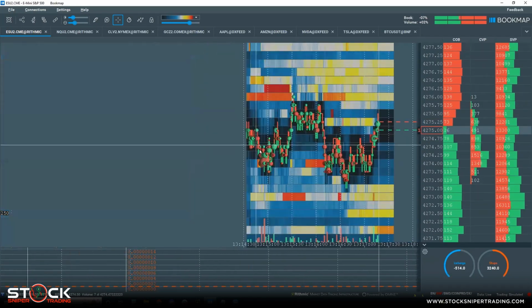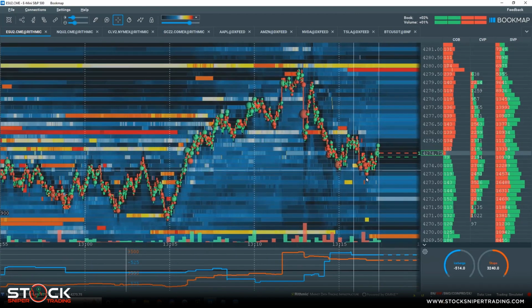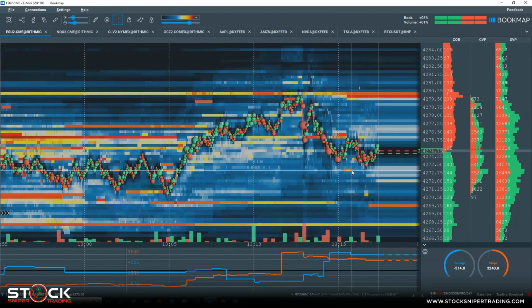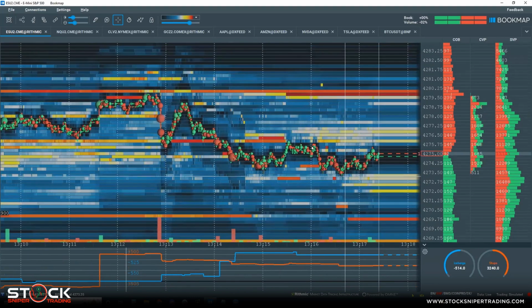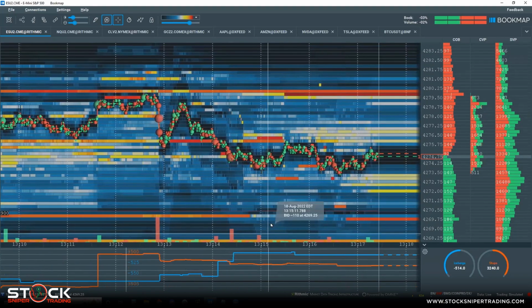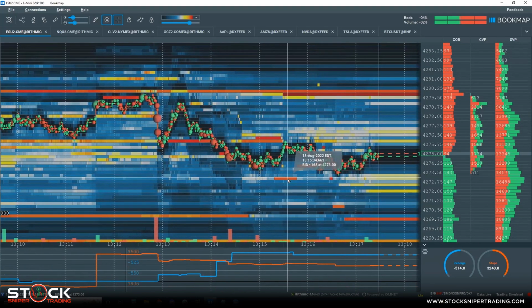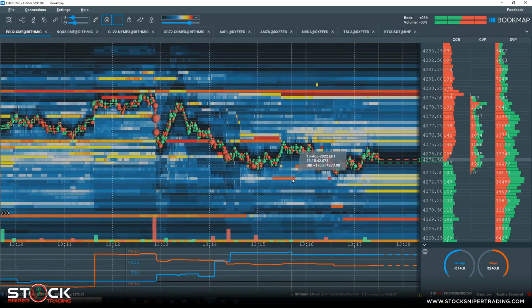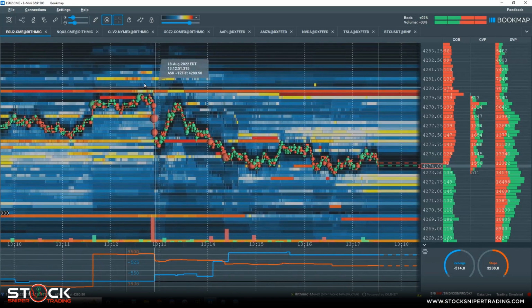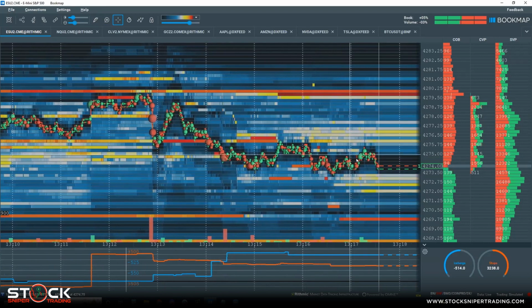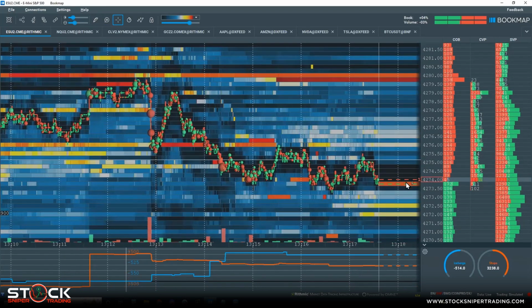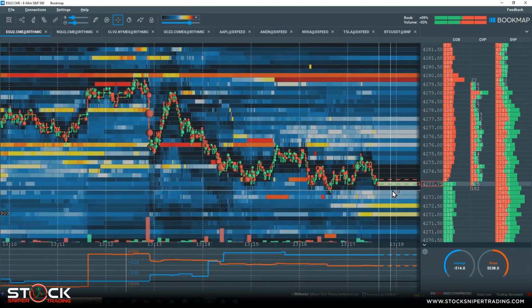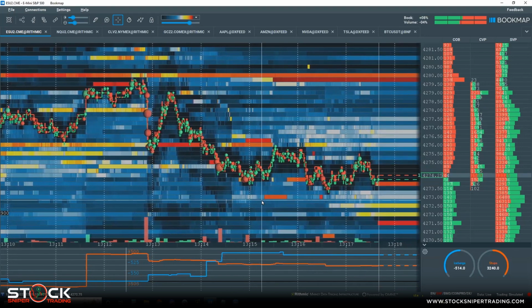If I zoom out, it looks like it's maybe yellow. But it's the same amount of liquidity, and we can hover over and know precisely what it was. 168, 170, something like that. But we've recorded it.